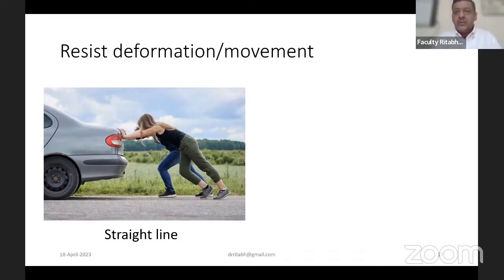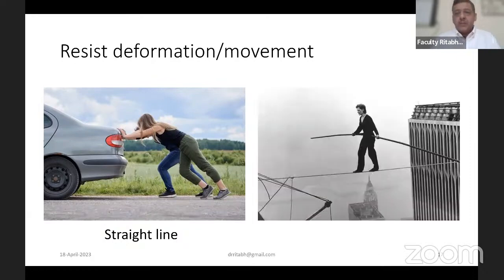Now think about this man, Philippe Petit, walking the line, a very famous picture made of this gentleman who walked across the Twin Towers. So he is trying to resist movement, not primarily in the forward direction but in the rotatory direction, so that he doesn't fall off. So how does an object resist deformation in rotation?